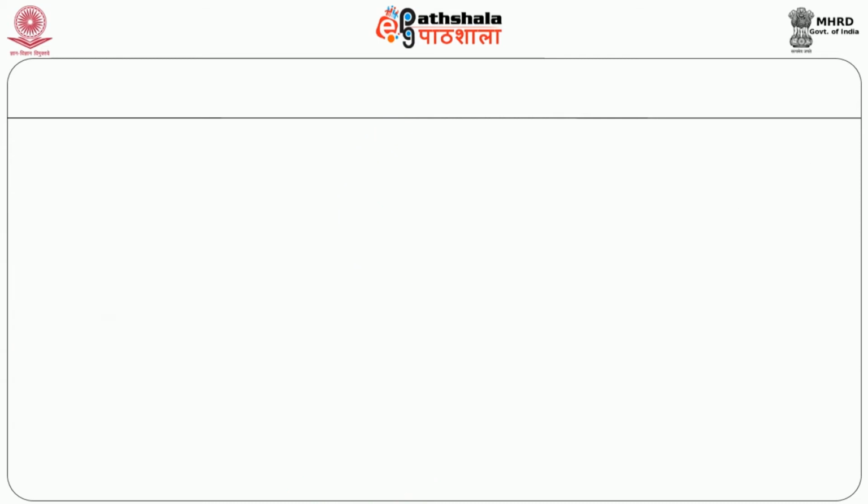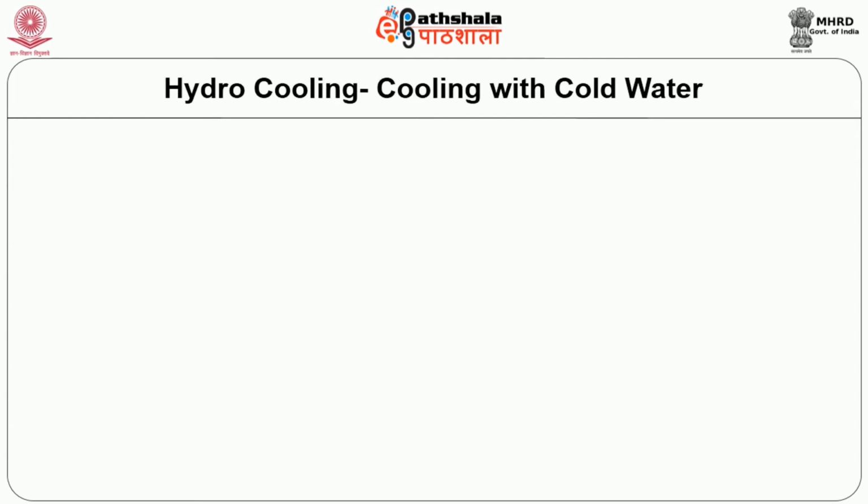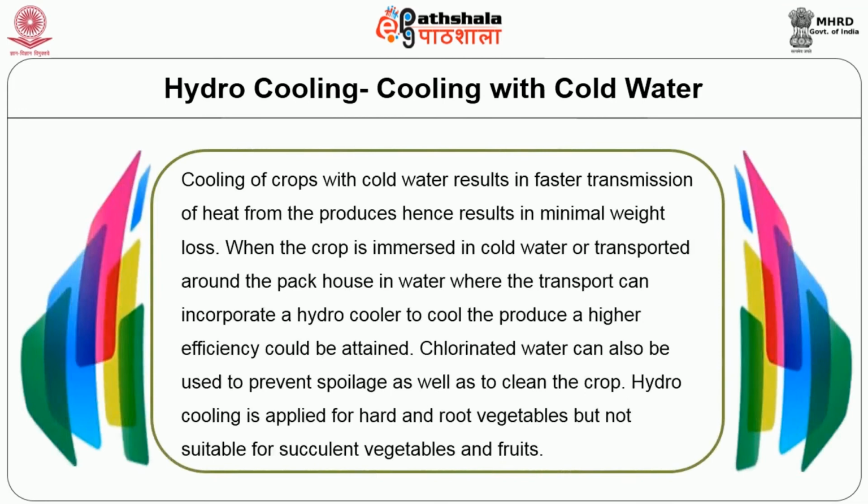The next method is hydrocooling, where cooling with cold water is practiced. Cooling of crops with cold water results in faster transmission of heat from the produce, hence results in a minimal weight loss.